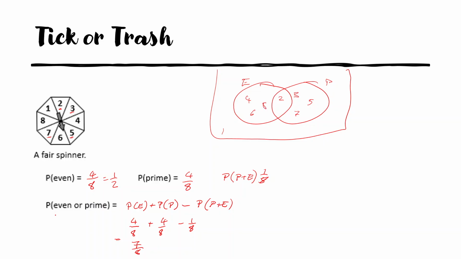So the probability of it being even or prime would be the union. So 1, 2, 3, 4, 5, 6, 7. 7 over 8. That's the way we tend to look at it rather than that long formula. But that's where the formula comes from.